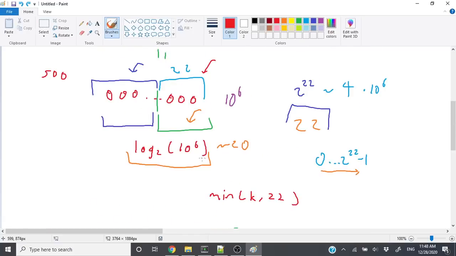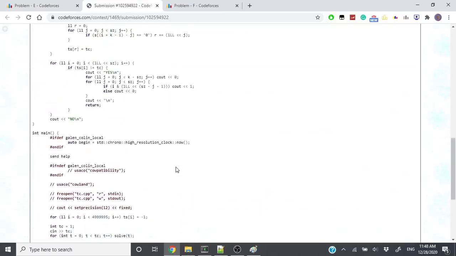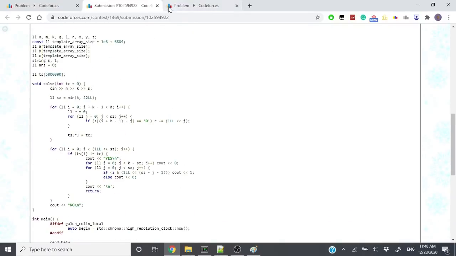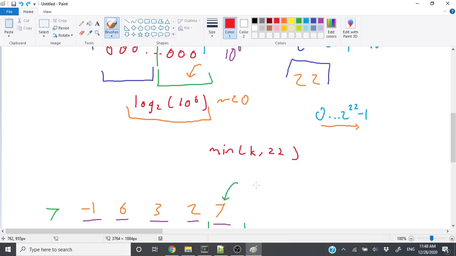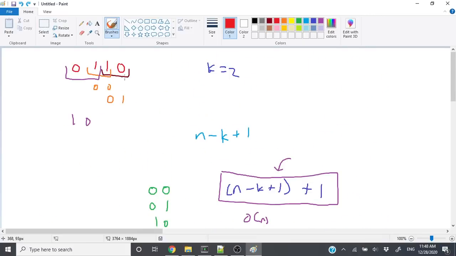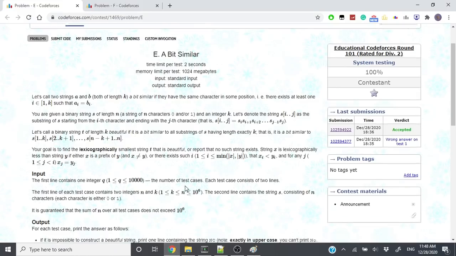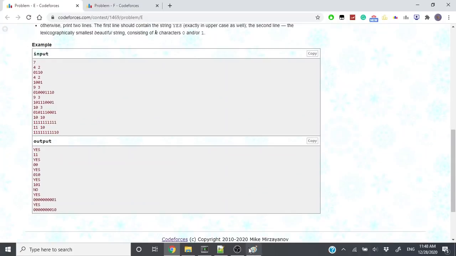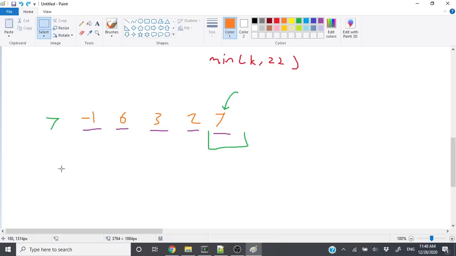So it's a trick you can use to use a huge visited array without having to reset it. And that's what I'm doing here. So yeah, that works. Basically you only care about the last 22 characters, and you can just try all possible strings until you find something that matches. And of course, if k is small, like 3, then you'd only check up to the numbers that you can actually make with k characters. So it would be the minimum of k and 22.